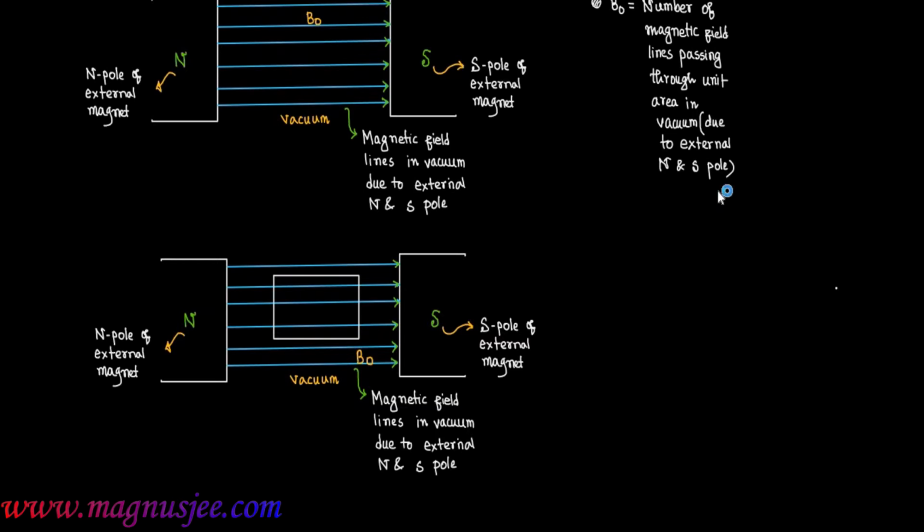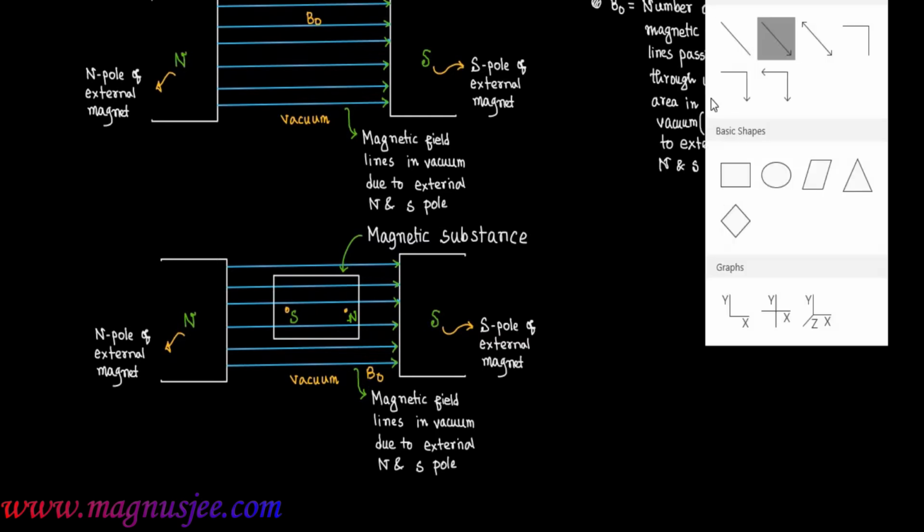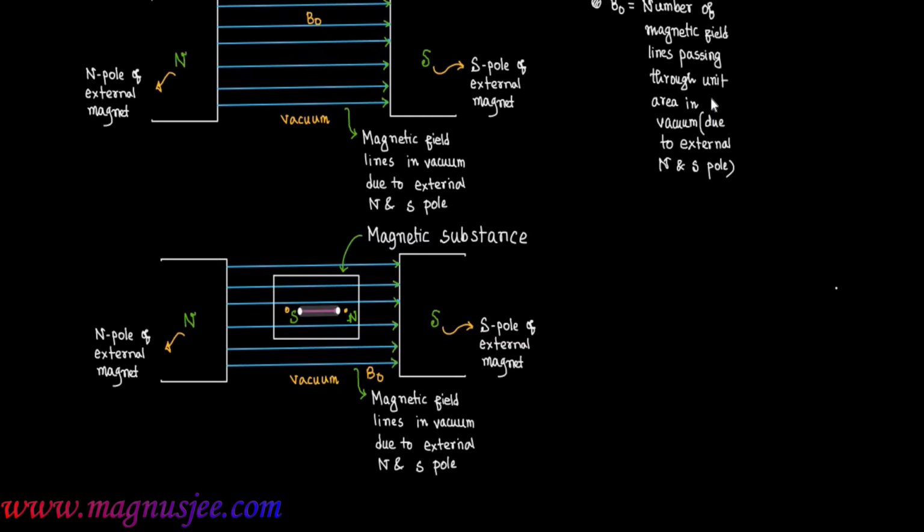Now a magnetic substance is introduced in this magnetic field of field induction B0 between the north and south pole of the external magnet. An S pole will be induced on the nearer end of the N pole of the external magnet, and an N pole will be induced on this magnetic substance at the nearer end of the south pole of the external magnet.